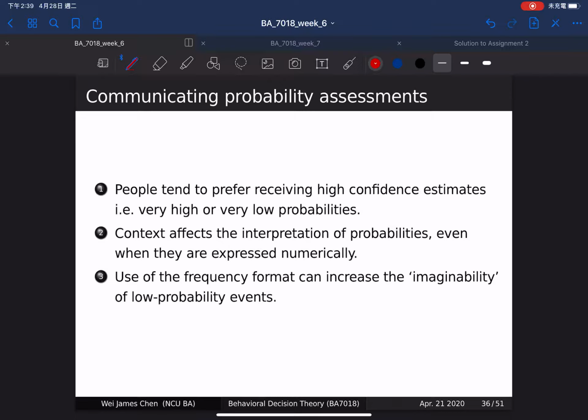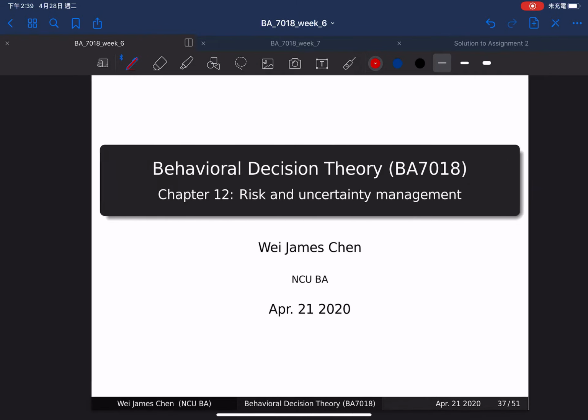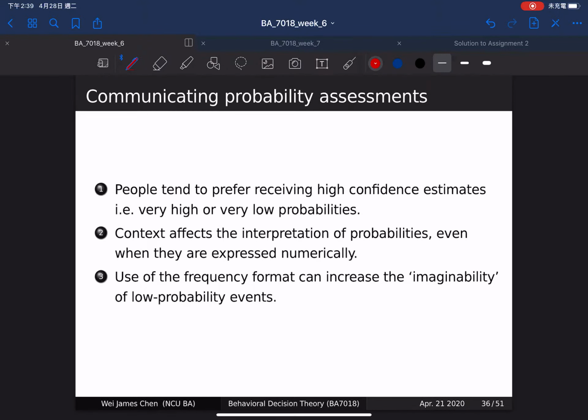But if you say it the first way, the frequency way, out of 100,000 times you could die once, people would think that's more likely to happen because people could imagine that thing happening. Because you tell them that it actually happened out of 100,000 times. But if you tell them in terms of probability, they think that's less likely to happen. Okay?